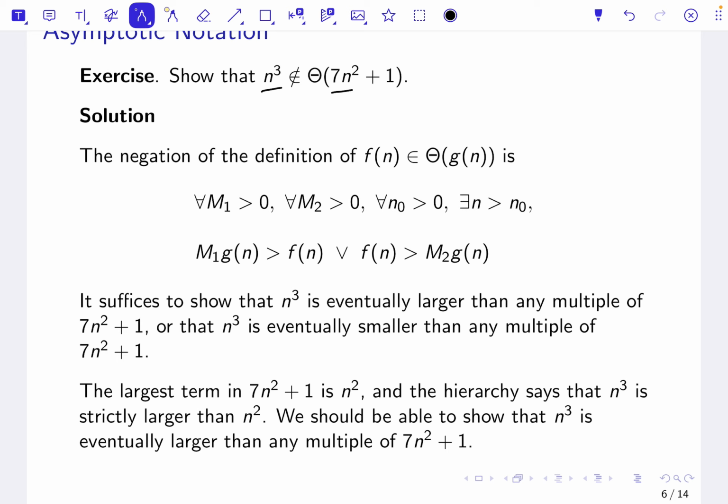So f of n is probably going to be the one that grows asymptotically faster. So this one is probably going to be true, and we can just ignore this one. I strongly suspect that the inequality with m1 is just straight up false.